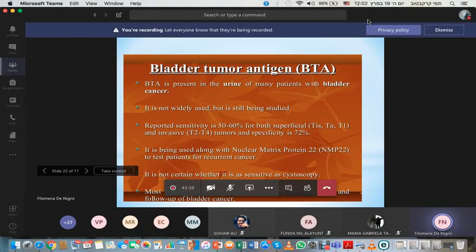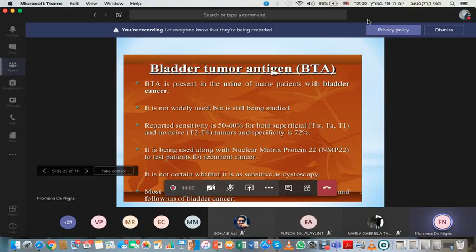BTA is another marker, very sensitive, used to help the diagnosis of bladder cancer. Sometimes it is used to stratify the patients to determine the grade of disease.